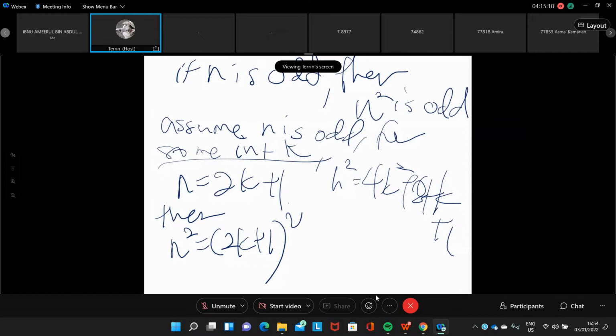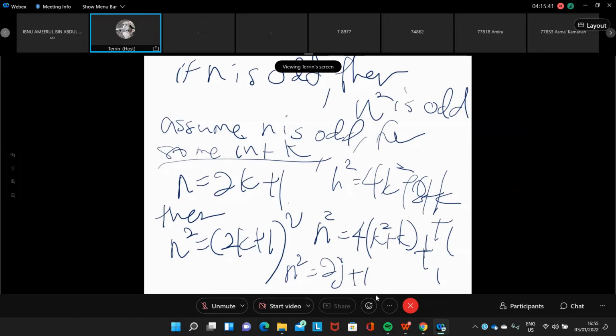So the next step would be n squared equals 4 times (k squared plus k) plus 1. And this is the same as n squared equals 2j plus 1.